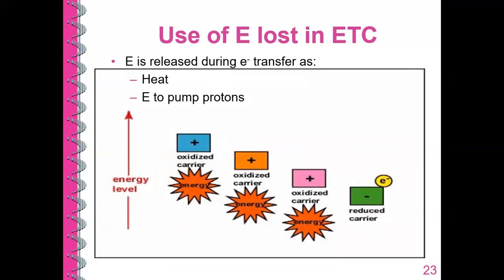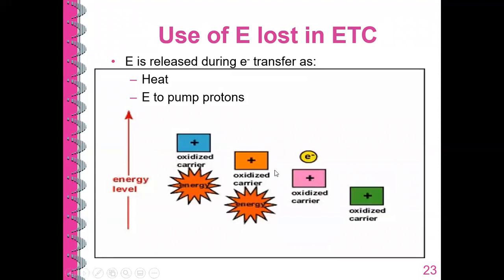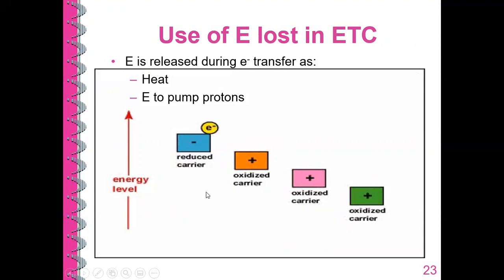Okay. So this diagram shows you the y-axis is the energy level. These are the 4 electron carrier proteins arranged from the highest energy level to the lowest energy level in the ETC, electron transport chain. So I show you how when electrons are being transferred from one electron carrier to the next, energy will be released, and it can be lost as heat, or it can also be used to pump the proton.